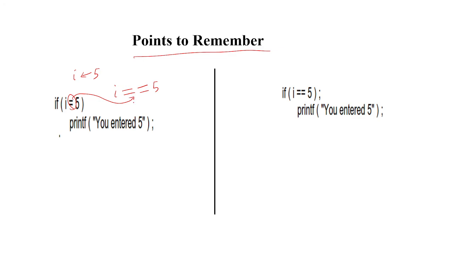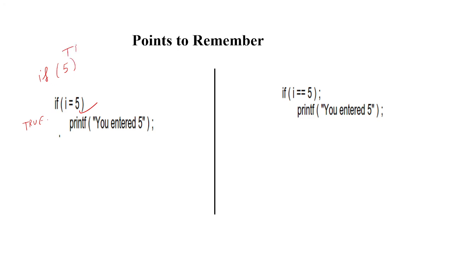We should remember to write double equal in these types of conditional statements, because otherwise it will always be true, since any non-zero item is true and zero is false.